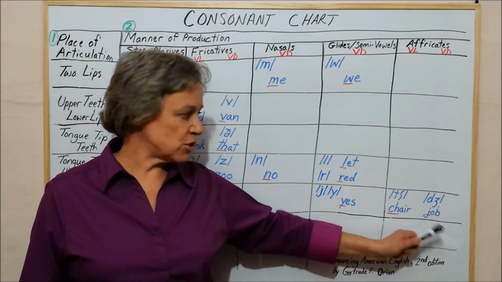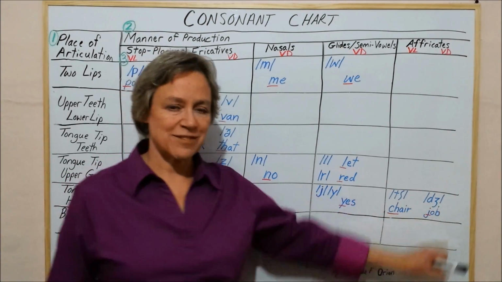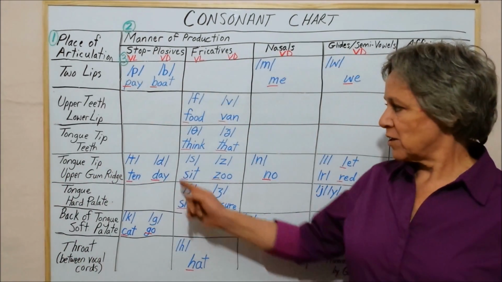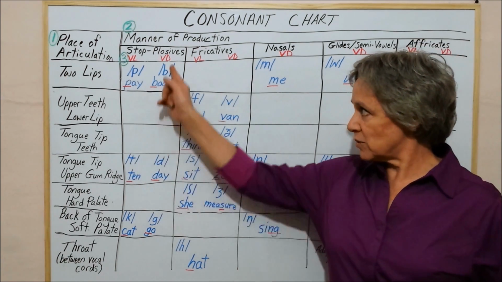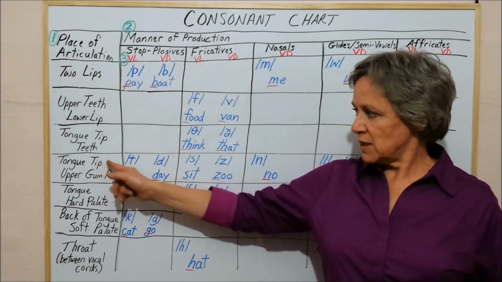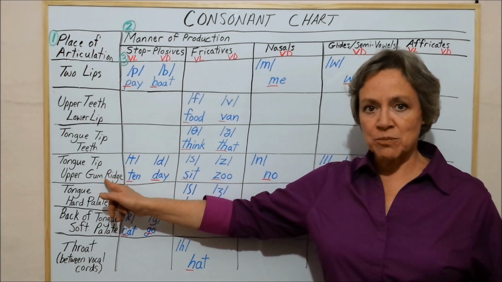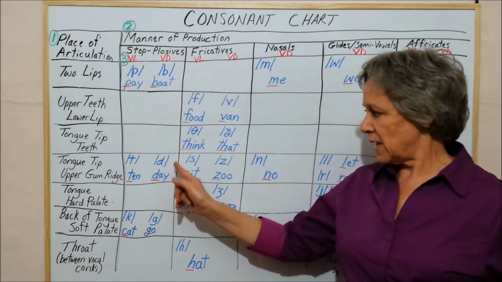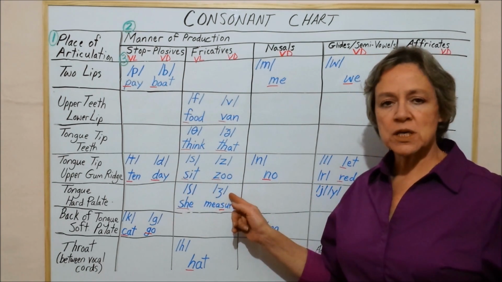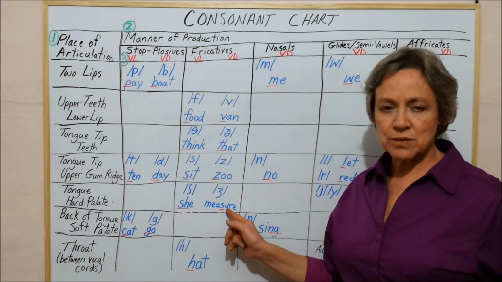And this is a combination of d and zh. Let's take a look at those. D is here, and so it's a stop plosive. D is made with the tongue tip against the upper gum ridge. It's a voiced sound. And from there we move to zh, as in the word measure.